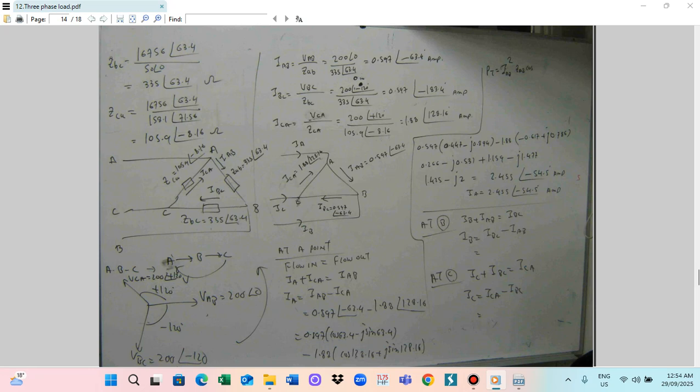You also follow this way and can calculate at point C. At point C, the flow in current IC flows in, also IBC flows in, and the ICA flows out. So IC is equal to ICA minus IBC. You follow this way and then you can calculate.